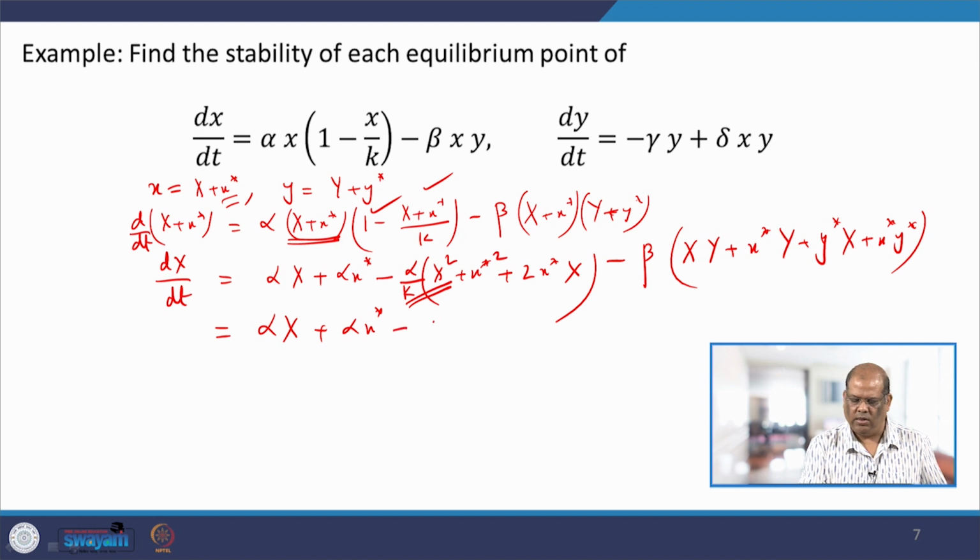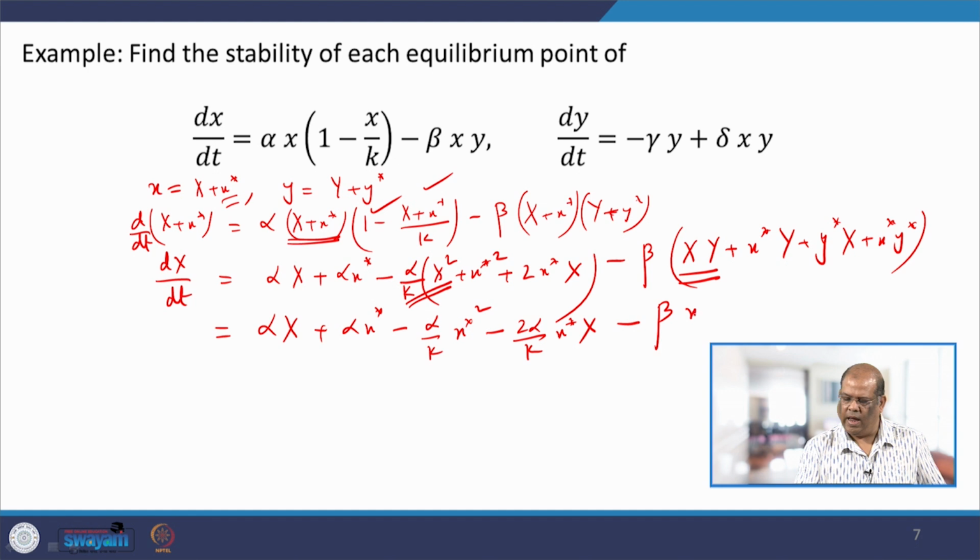So, minus alpha by k x star square, minus 2 alpha by k x star into capital X, minus the second order term we ignore, beta x star into y, minus beta y star into x, minus beta x star y star.